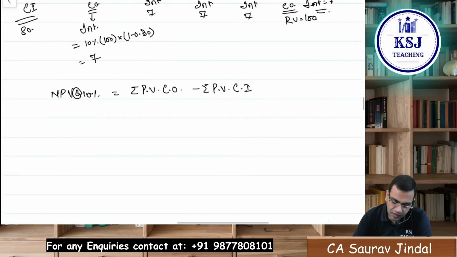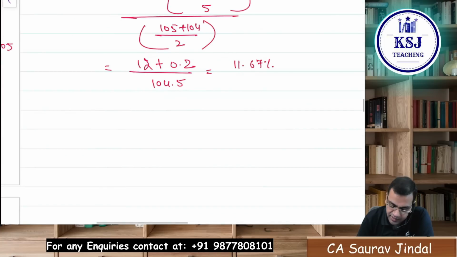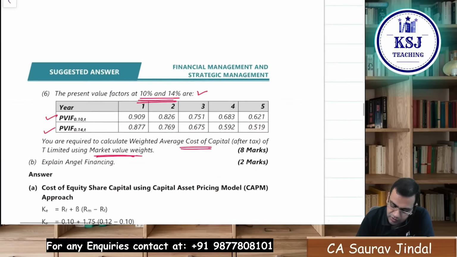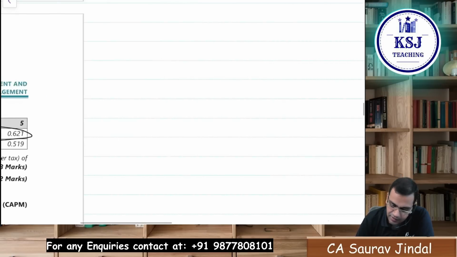Clear? So cash outflows is what? The present value of cash outflows is 7 into the annuity factor at 10%. That is the total of 0.909, 0.826, 0.751, 0.683 plus 0.621, which is 3.79.